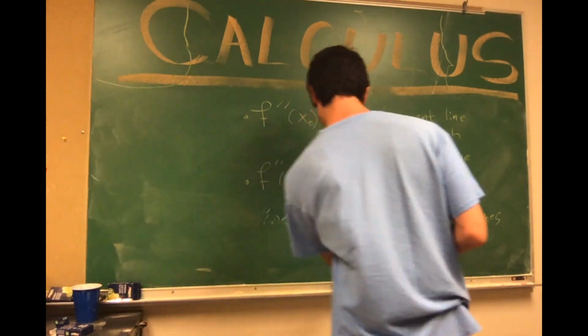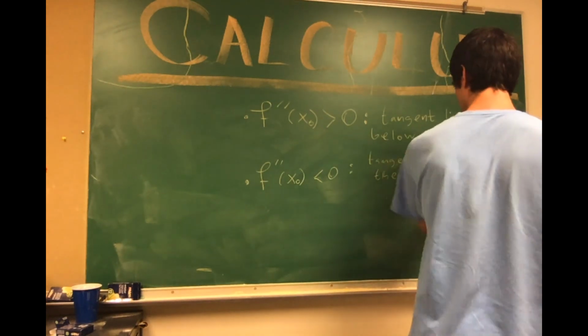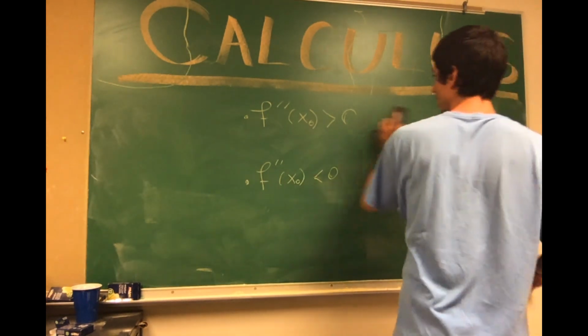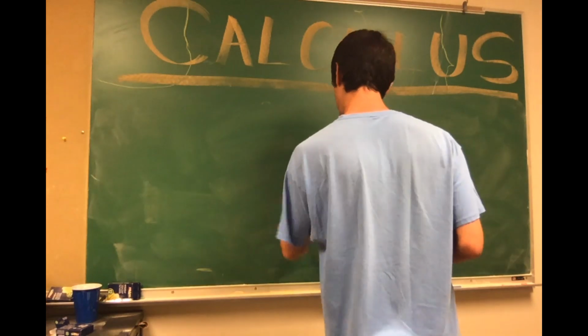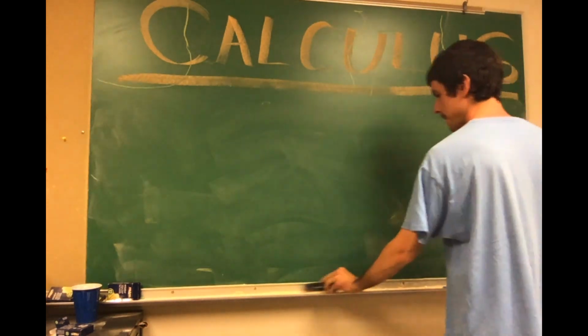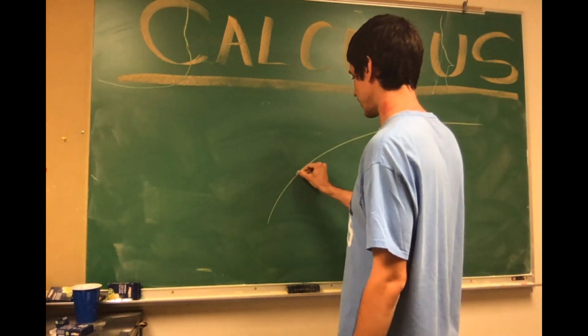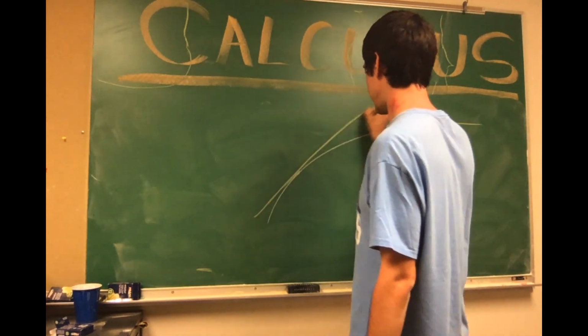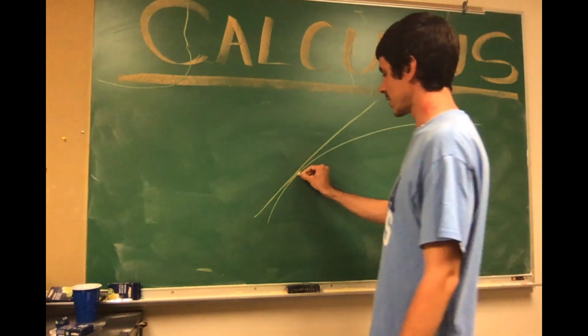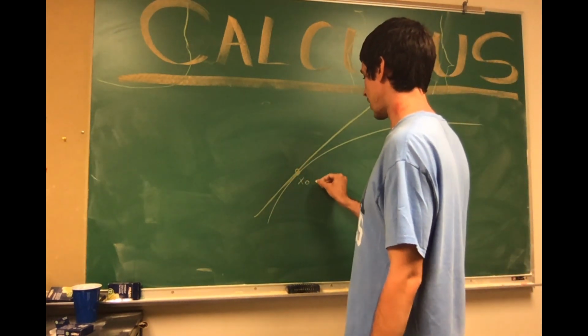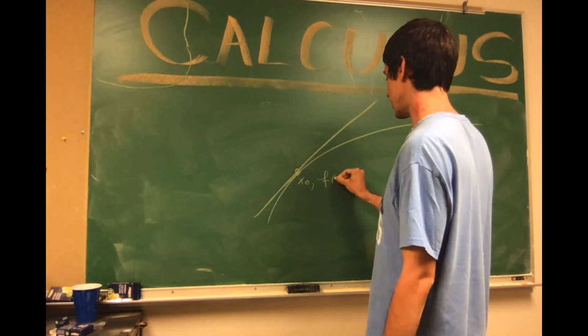Okay, so when we took the linear approximation yesterday, we had a graph, a function giving us a curve, and say this is x0, f of x0.